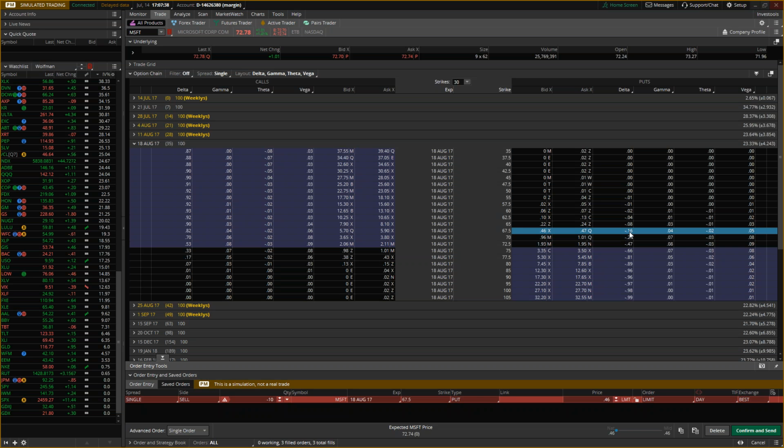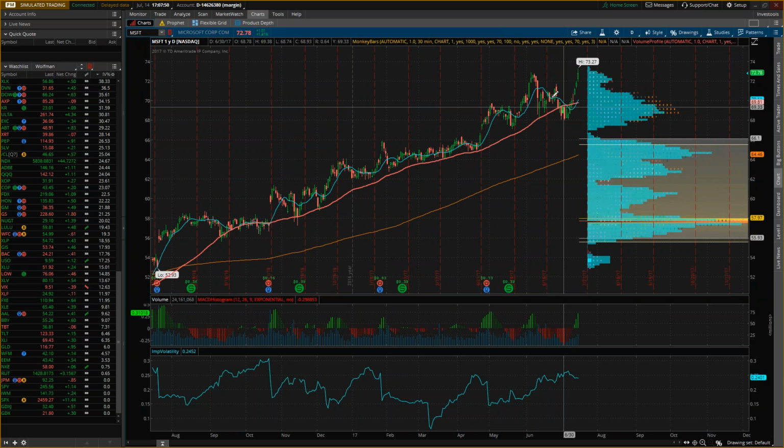So always look to increase your probabilities of success. And if you set it up with the charts as well and find support and resistance, and you're a good chart person, then that increases those probabilities even more.